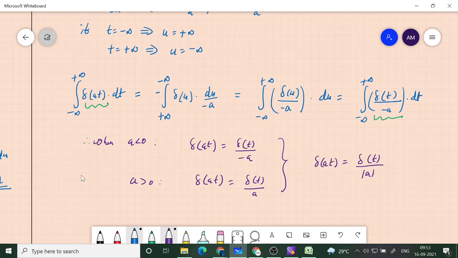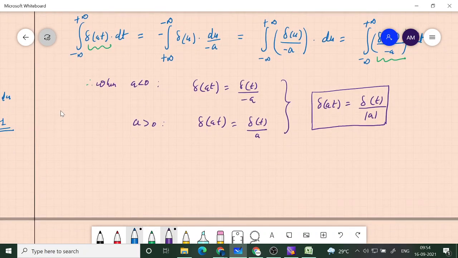When a is negative, modulus will make it positive, because minus a is positive. If a is already positive, then modulus will not do anything, it will just give you the magnitude. So therefore this is the proof of this particular relationship, or this is the property of impulse function.